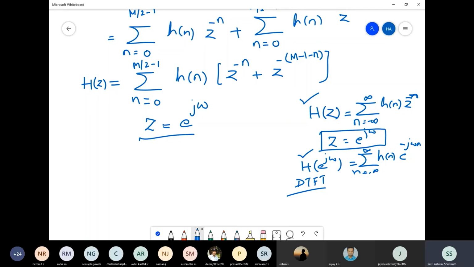So in H of z, let us now substitute z equals e to the power j omega.